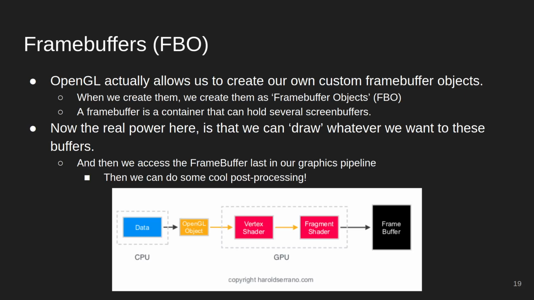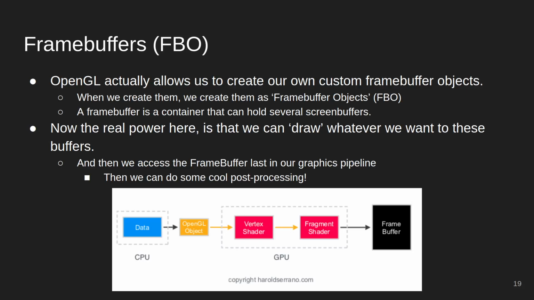All right, now, the cool thing, or what this is going to lead us to by the end of the class, is once we can access the frame buffer, which has all the pixels or fragments that we've been drawing onto, well, if that's just a collection of bytes, we can actually do some post-processing on those bytes.